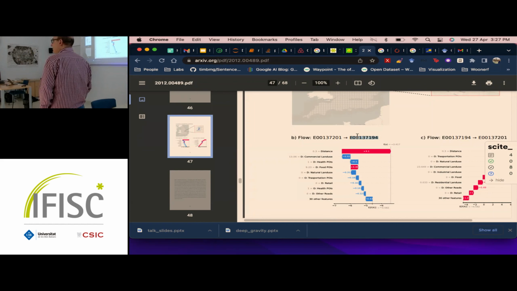This is weighted with the parameters. The problem with the gravity model is that you fit the parameters during the training. If you go from one area to another with very similar characteristics, you will always have the same parameters. This may not happen with deep learning techniques because there is no linearity, and that may be interesting. Also the explainability, which is lacking in the gravity model. So in my opinion, those are the two most interesting things.